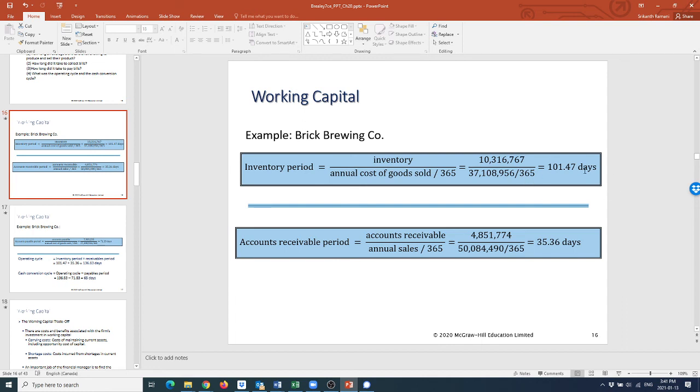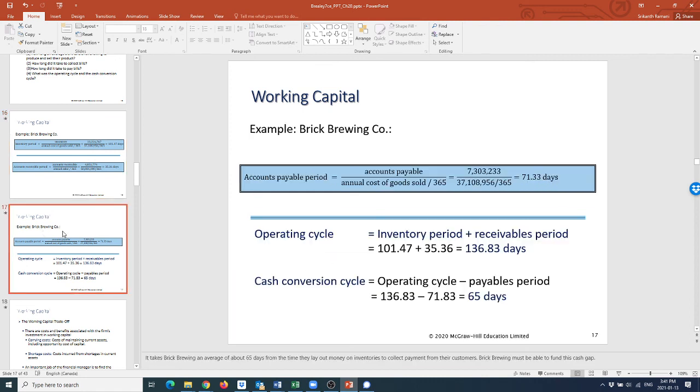But if you have enough raw material for big orders, you might immediately be able to get that order. So it really depends on the business, and you'll have to think about what the right inventory period, accounts receivable period, and accounts payable period is for each industry and each business. It's a unique thing. There's no standard answer as to what the optimal amount is.